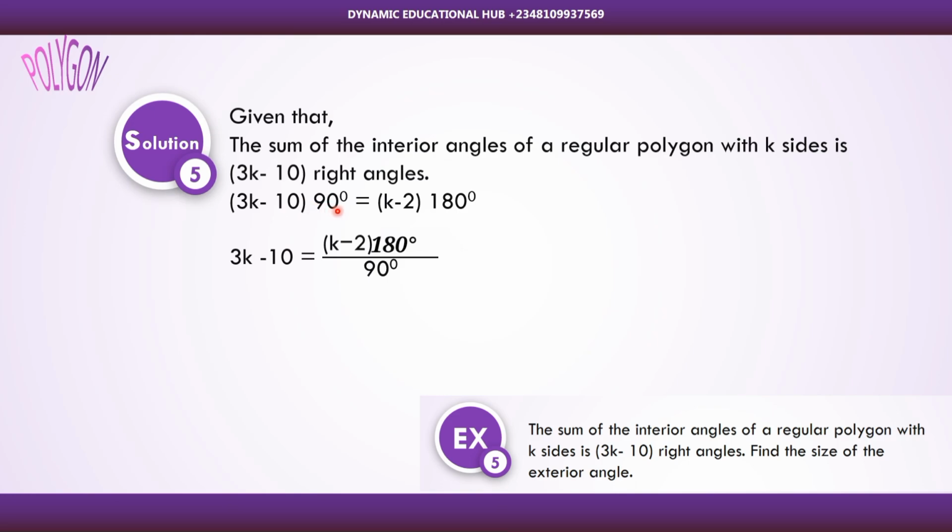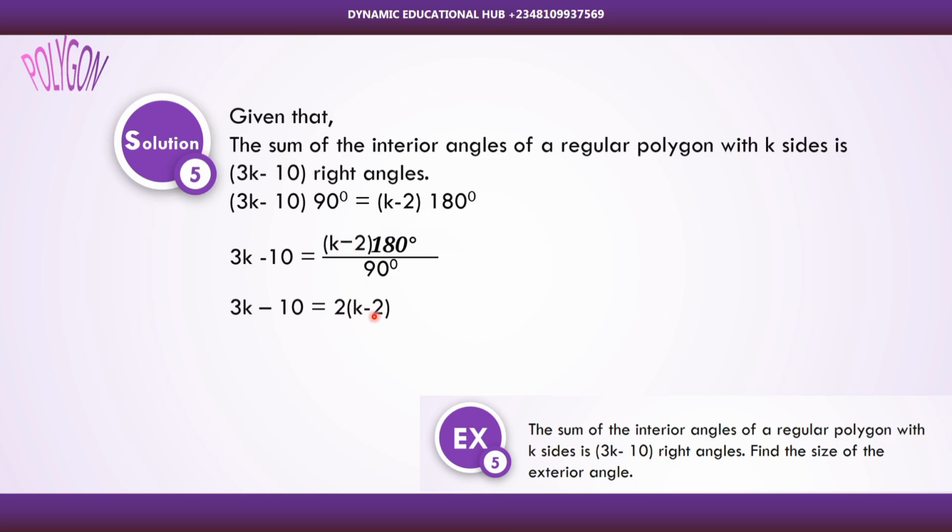When you divide both sides by 90 degrees, 90 will cancel 90 here, so you are left with 3k minus 10 here. Then you have k minus 2 times 180 degrees divided by 90 degrees. So 180 degrees divided by 90 degrees, you are left with 2. So we are going to have 3k minus 10 equals 2 multiplied by k minus 2.